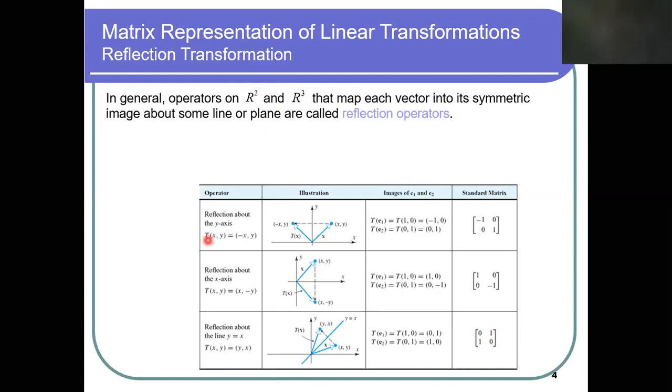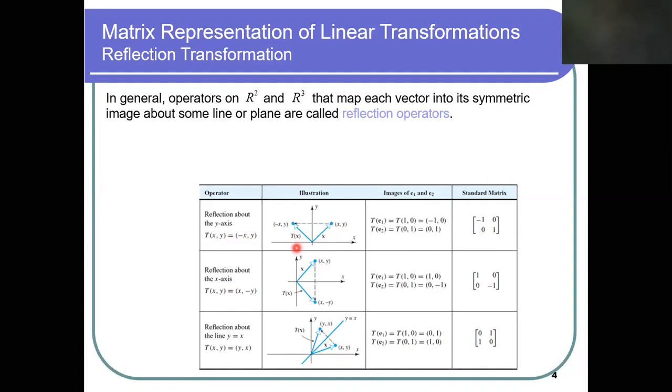Dear students, our first operation is reflection about the y-axis. When you apply the transformation on (x, y), it gives you the output (minus x, y). Look over here. Here you have some point (x, y).